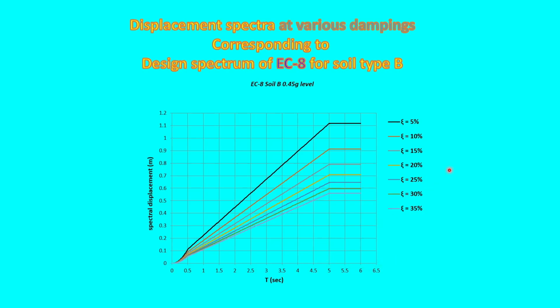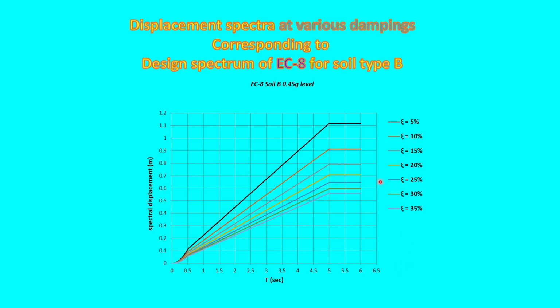And with the conversion that we have discussed from the design spectrum, you can get the displacement spectra like this. At the start, for some time it is non-linear, parabolic, then a straight line, and at a particular time period, depending on the code prescription given, it becomes flat. The flat part indicates it is not sensitive to spectral displacement based on time periods.